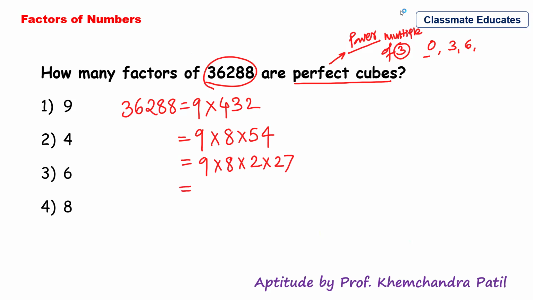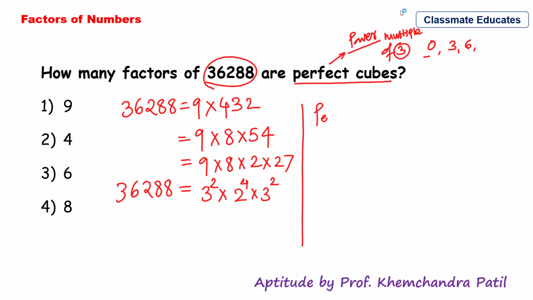So how can you write this? This is 3 square multiplied by 2 raised to 4 multiplied by 3 square. So this is how we can write 36,288.